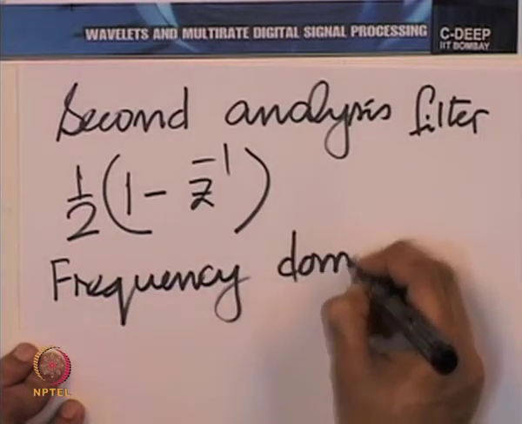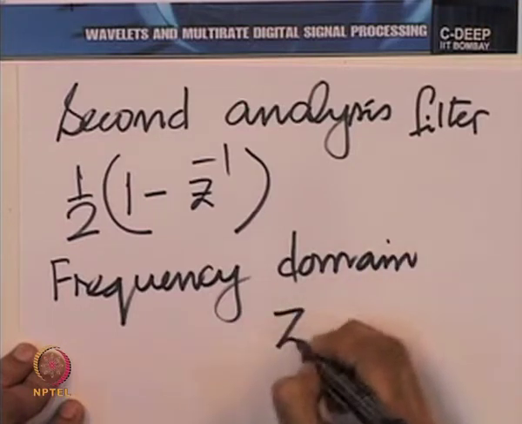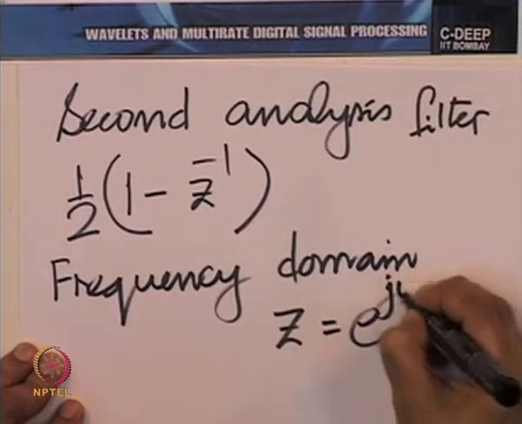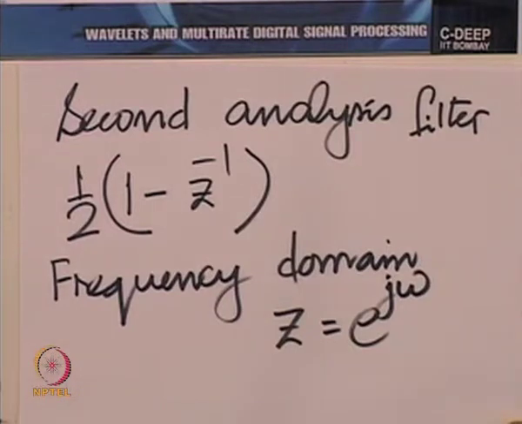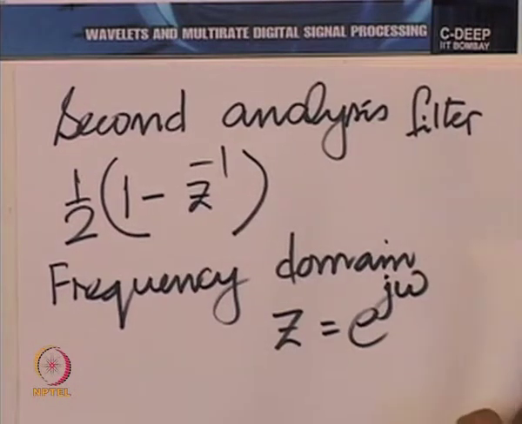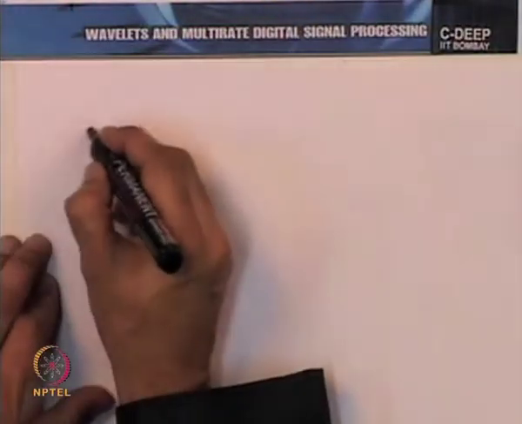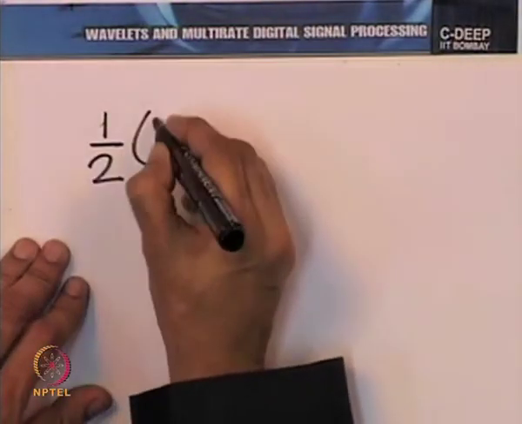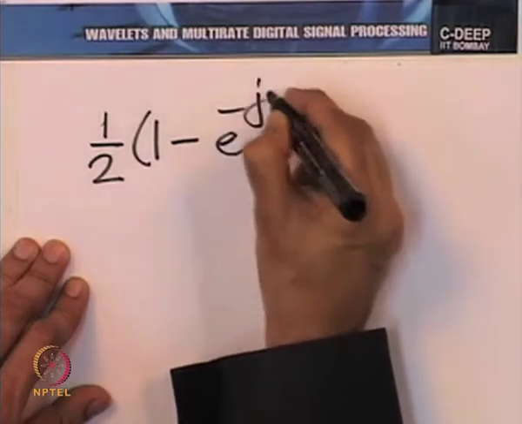So, the frequency domain would show it as Z equal to e raised to power j omega, whereupon we have half into 1 minus e raised to power minus j omega, and we play the same trick.